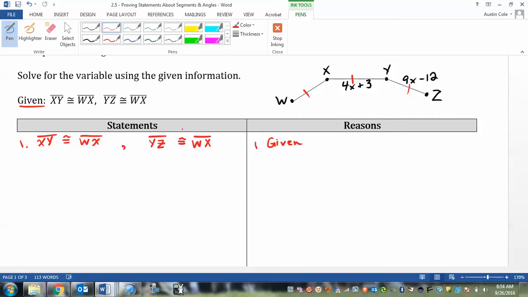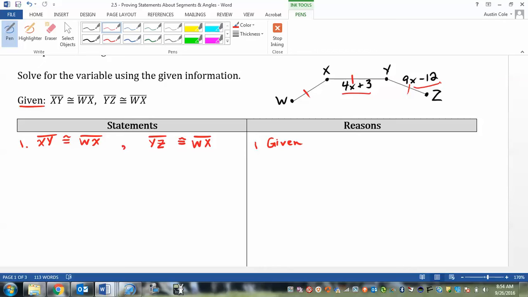And then it says that YZ, which is here, is congruent to WX. Here's my question. We're given this expression and that expression, but does it ever say that those two are equal? Where does it say that? It never talks explicitly about XY and YZ, does it?